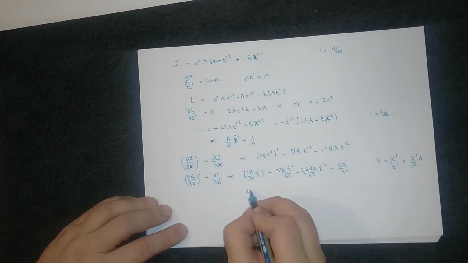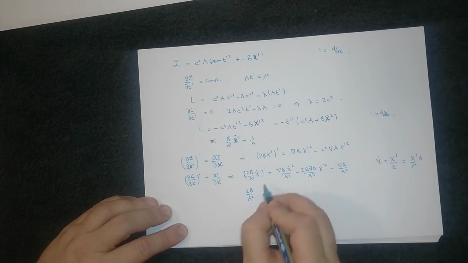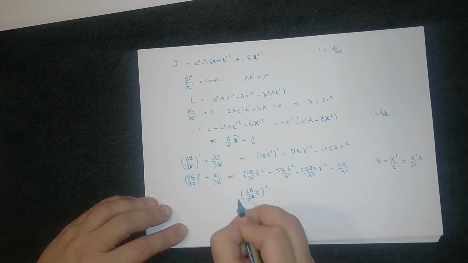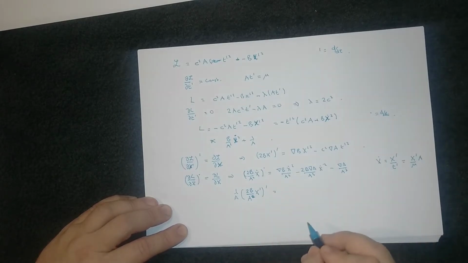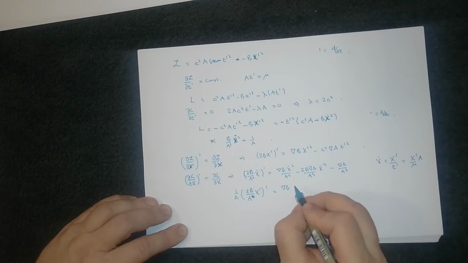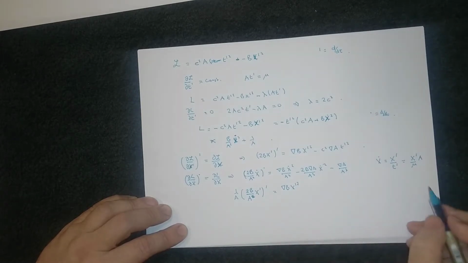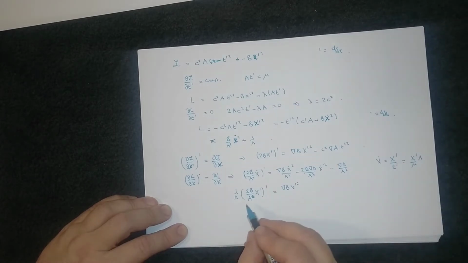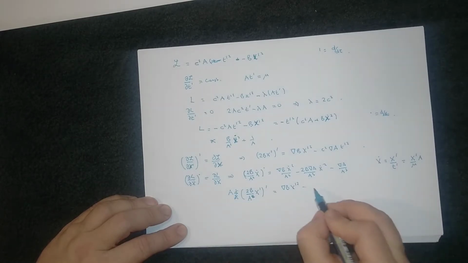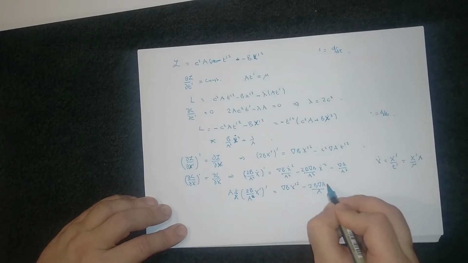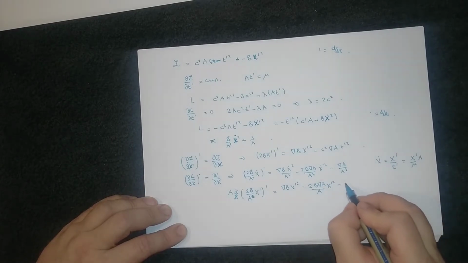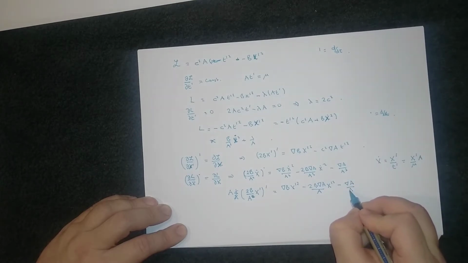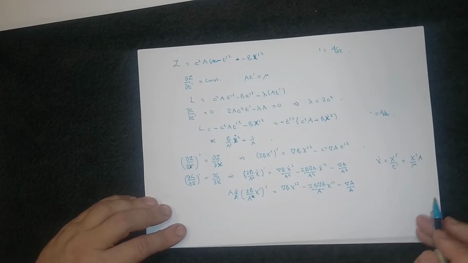So this tells me that 2b over a squared times a, so that's, I think, x prime, with a 1 over a down there, is equal to grad b x prime squared minus 2b grad a over a x prime squared minus grad a over a times t prime squared.